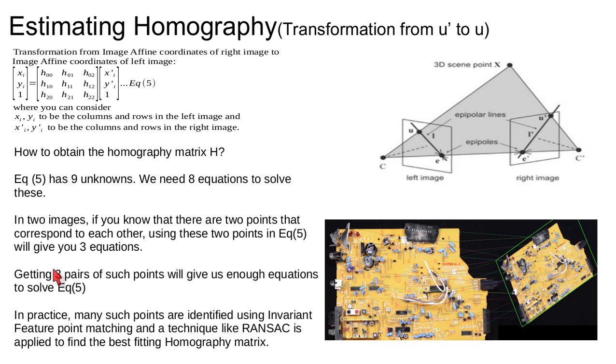So getting 3 such pairs of points will be enough to solve equation 5 and get the H matrix. In practice, many such points are identified using invariant feature point matching. So you may have hundreds of such points matching with each other, and these corresponding points are used in a technique like RANSAC to find the best homography matrix.